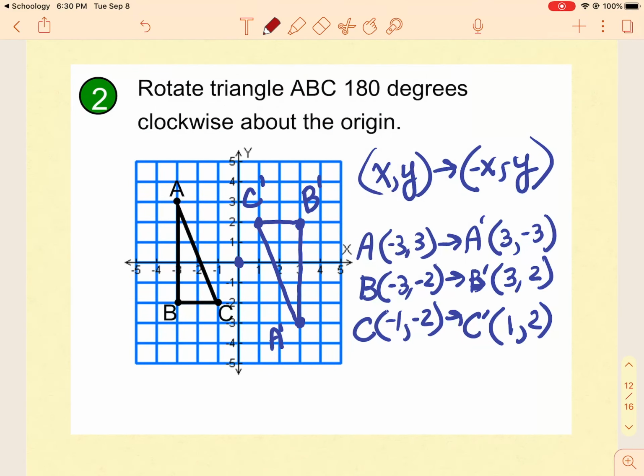If I were to connect, for 180 degrees, A to A prime, B to B prime, and C to C prime, they all connect where they spun, which is at the origin. And that's when we're going 180 degrees.